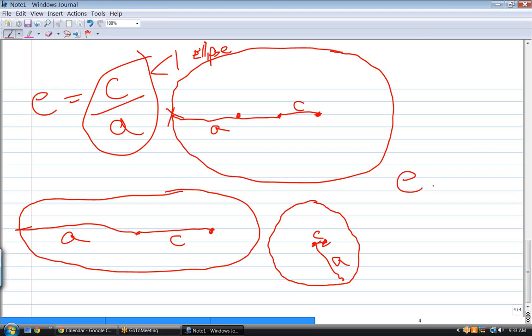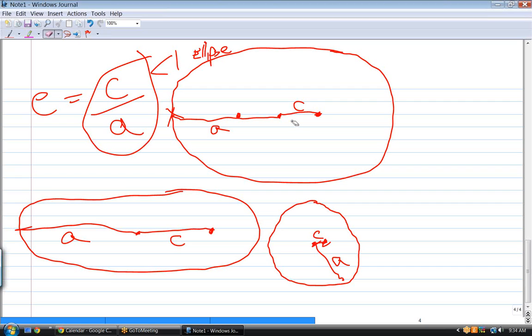If I remember right, it's something like 0.01 or something. It's not much of an ellipse. So for a circle it would be 1, is that right? No, for a circle it would be 0. Because as this ellipse gets closer and closer to a circle, c gets closer and closer to the center.